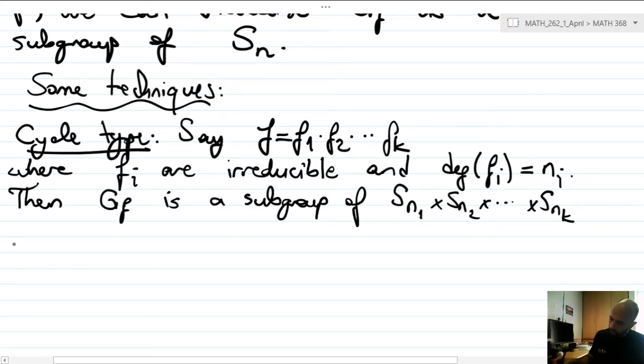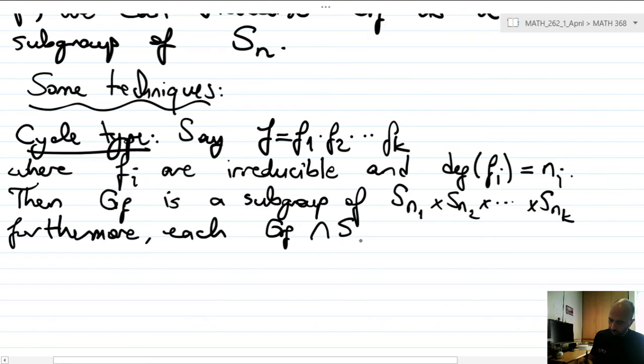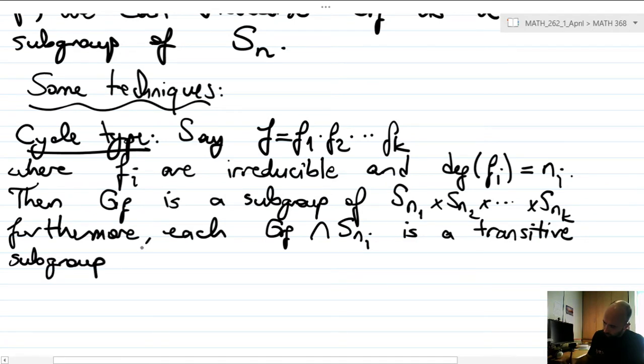Furthermore, if you intersect G_f with any of these components, S_{n_i}, this must be a transitive subgroup of S_{n_i}. And of particular importance is when f itself is irreducible.